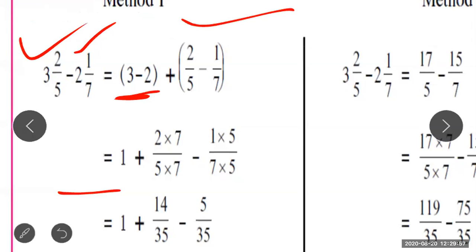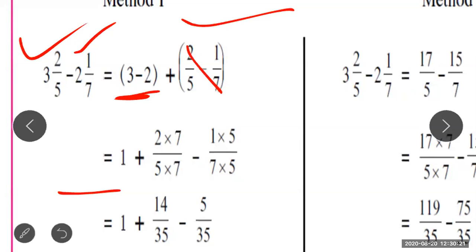In the previous question, I explained to you that for making the denominators equal, because in the 2 table 4 is coming, I told you to multiply only 2 by 2, so it becomes 4. But here, in the 5 table 7 is not coming and in the 7 table 5 is not coming. So that time you have to cross multiply.